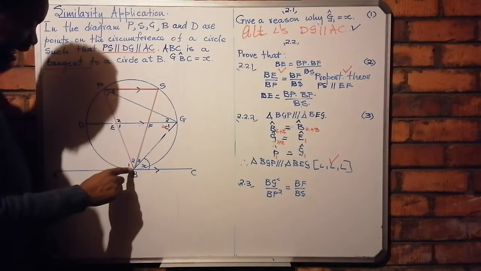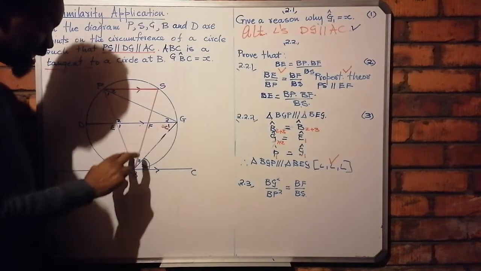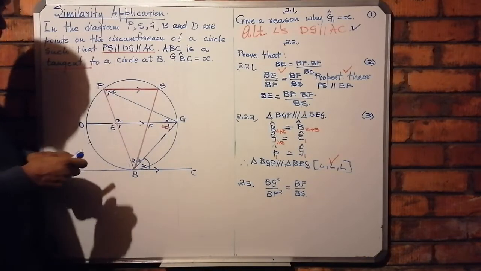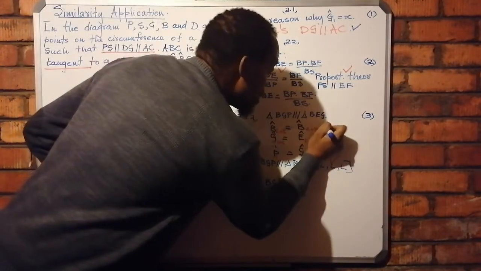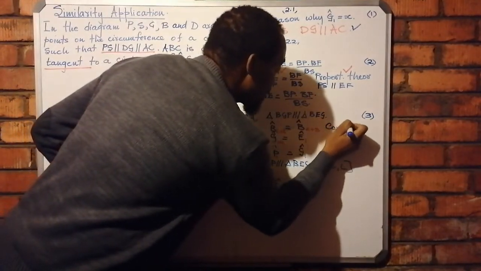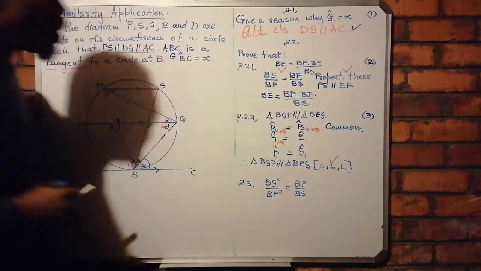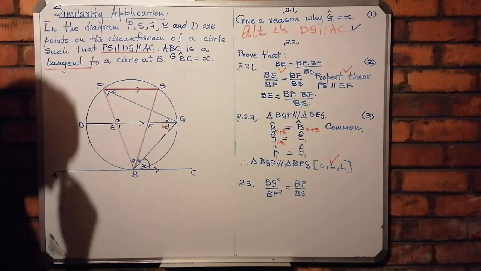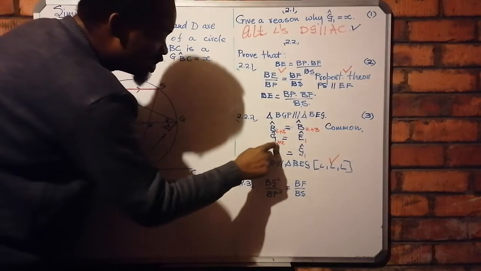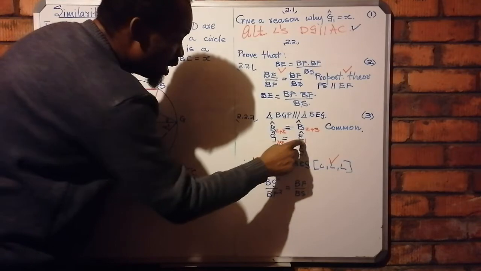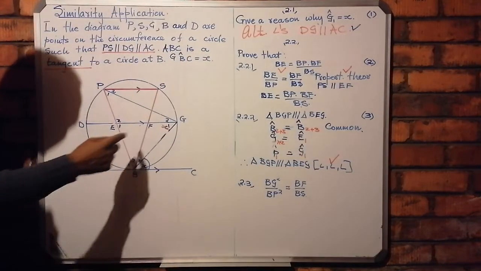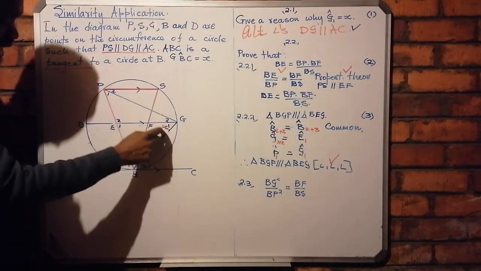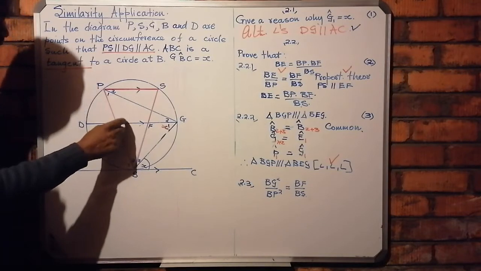And in triangle BEG, I'm also talking about that. Now that means they are equal because they are common. It's a common angle to both triangles. Now, why is angle G1 plus 2 equals to angle E1? Why is this angle equals to that?